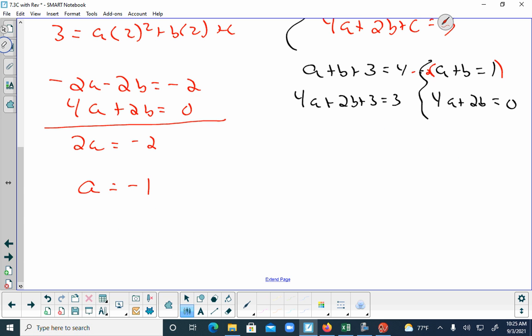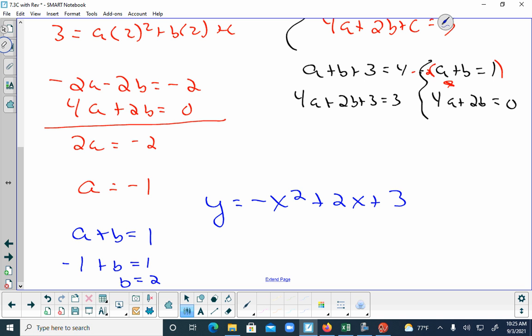Then putting it back into this equation right here, a plus b is equal to 1 is the equation. So I'm going to have -1 plus b is equal to 1. So b is equal to 2. I already know c is 3. So I'm going to write y is equal to ax squared plus bx plus c, and that's my final answer.